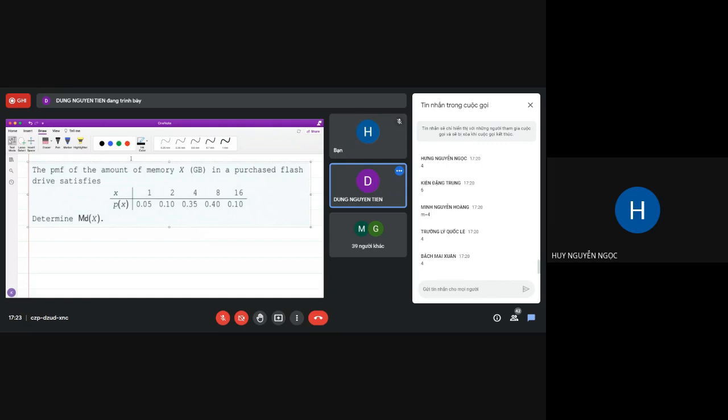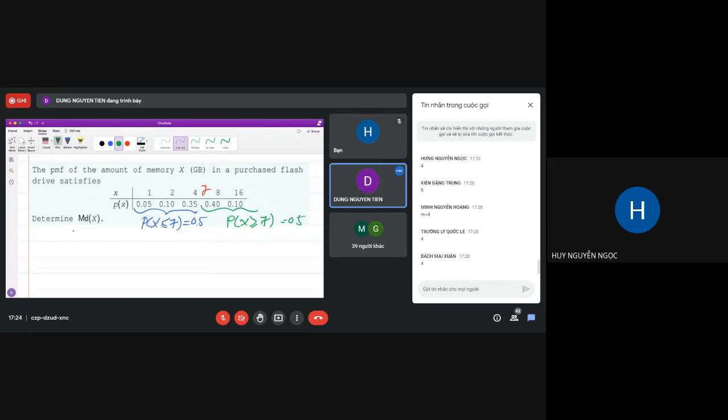Besides, I consider 7. May I consider 7? What is the probability that x is less than or equal to 7? I get 0.5, right? Okay. And the probability that x is greater than or equal to 7 is still 0.5.